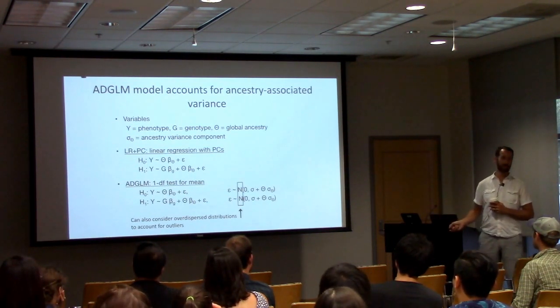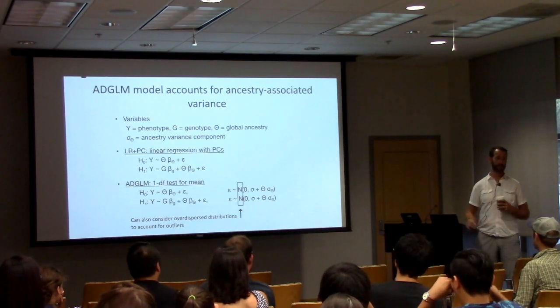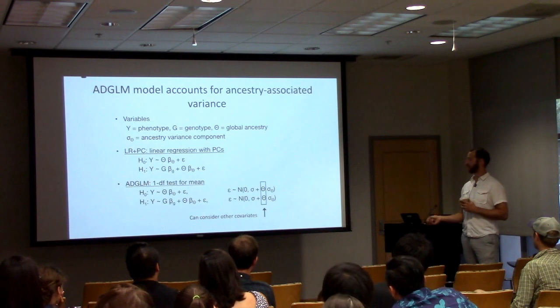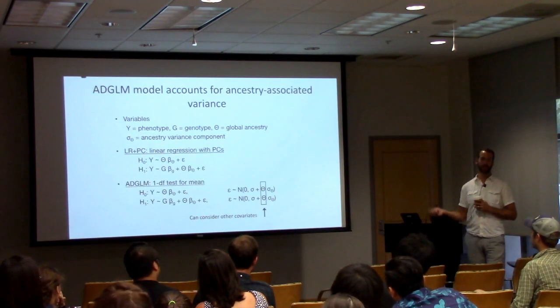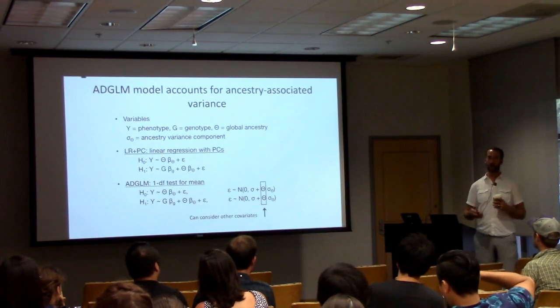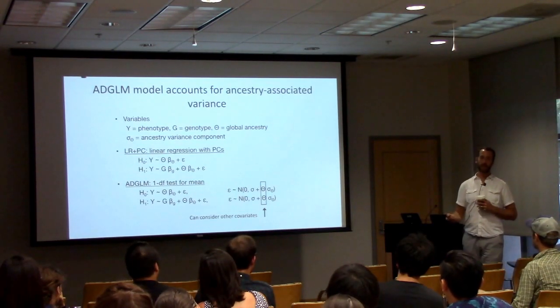We can use non-normal distributions. We can use a negative binomial distribution or a Poisson or whatever the appropriate distribution is. And we don't have to use ancestry here. Like in that case of age and FEV, we can put age in here and try to improve power by allowing age.